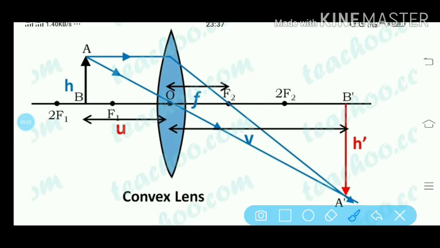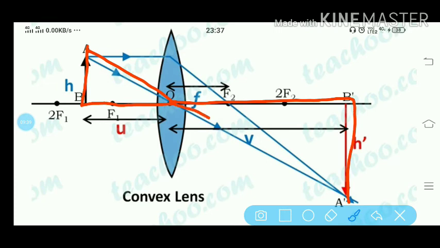Now, very first we'll consider these 2 triangles, triangle ABO and triangle A1B1O. Since these 2 triangles are similar, this angle is equal to this angle and this angle will be equal to this angle.